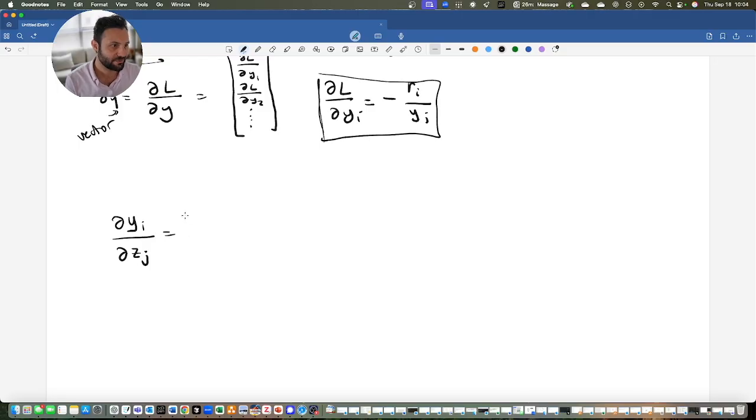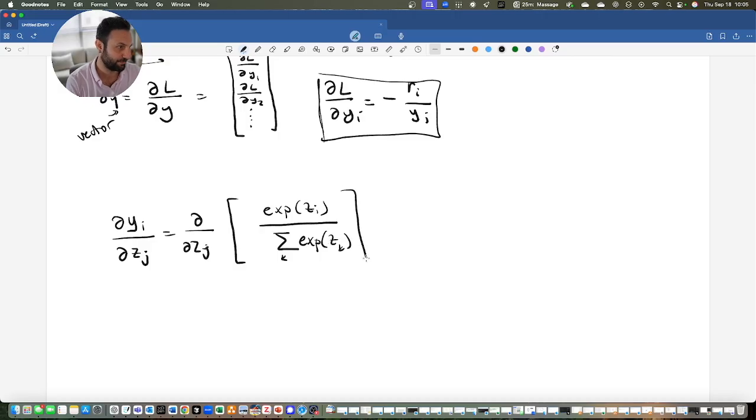And what I have to do is calculate the derivative with respect to zj of the formula of the yi that includes the zj. So this part is going to look a little bit familiar from the last video. I know it's going to be exponential z of i, notice how I'm calculating with respect to yi, divided by the sum over some other index, because I don't want to confuse it with j.